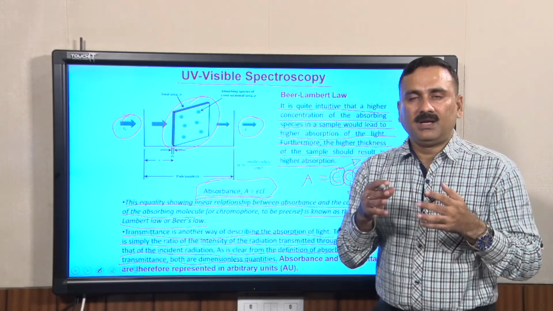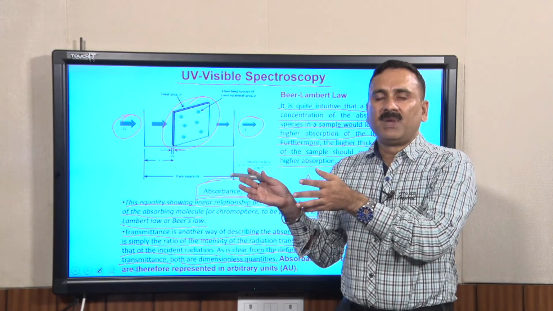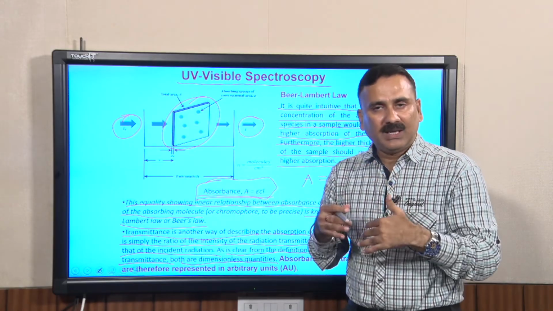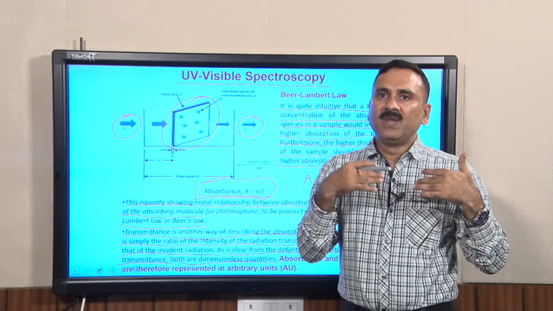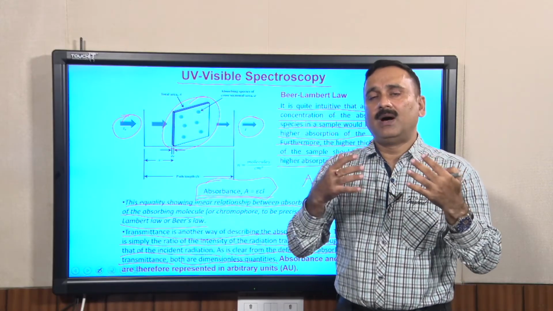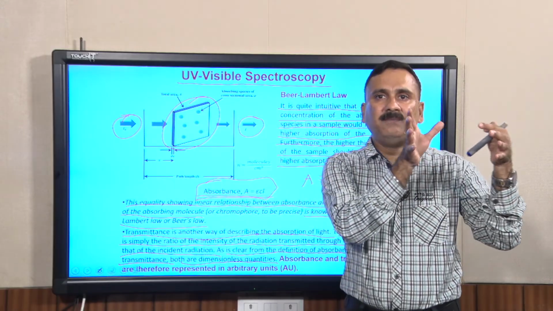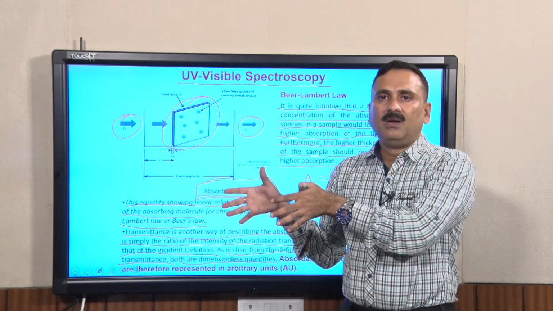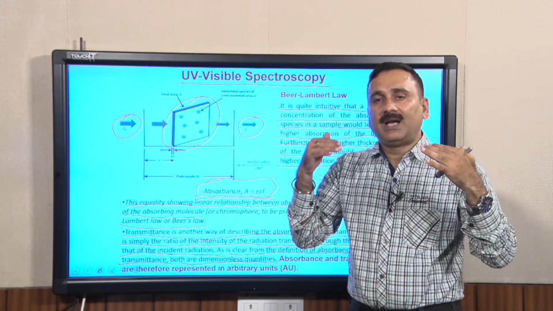In one case it is the ratio of the light which has been absorbed versus the total light, or in the other case it is the light which has passed through. But in both cases you are actually subtracting the initial value from the final value, and that is how it is a ratio.